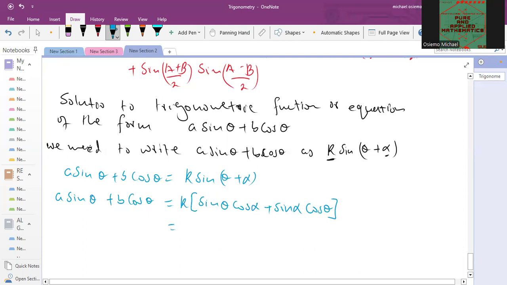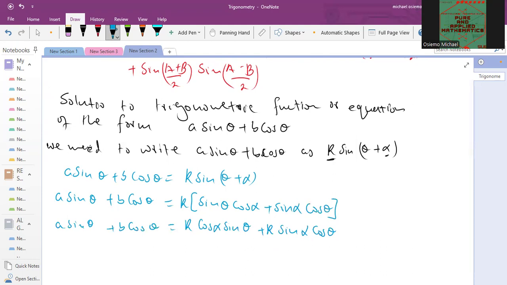Opening up the bracket and interchanging, we have r cos alpha sin theta plus r sin alpha cos theta, while on the left hand side we have a sin theta plus b cos theta. I interchanged them so that we have the same arrangement of sin theta and cos theta.